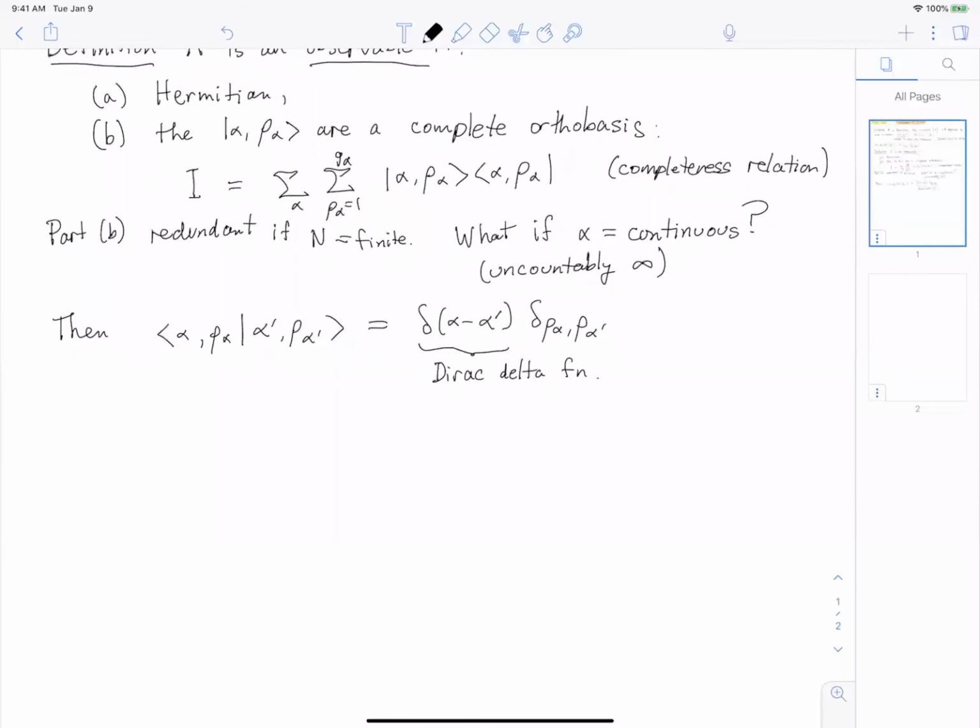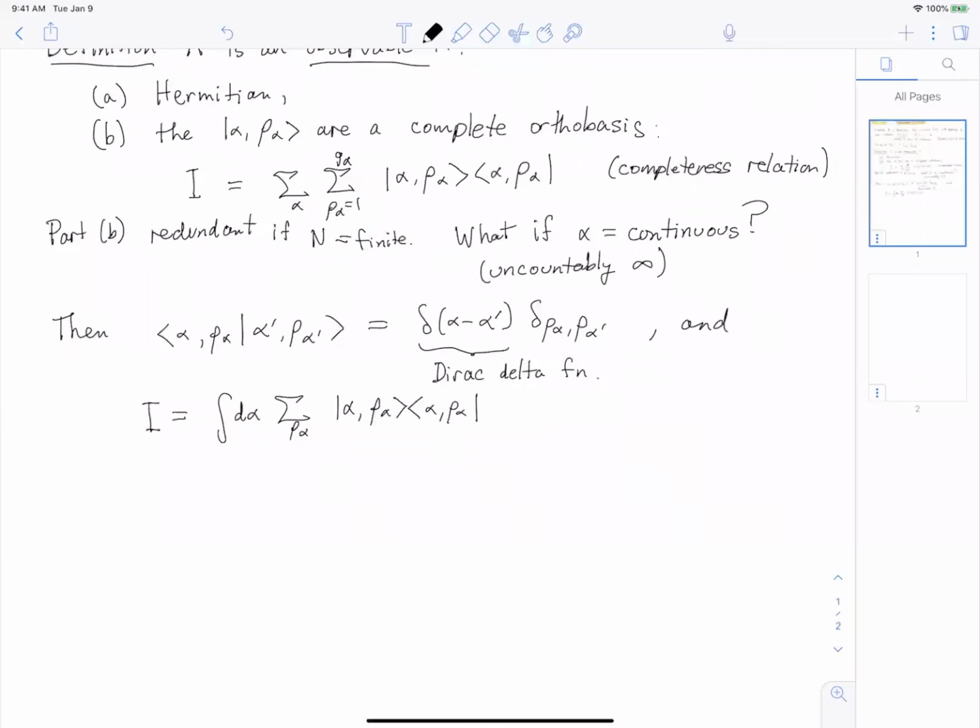Okay, and then instead of the sum over alpha in the completeness relation, the completeness relation looks like this. Instead of summing, you just integrate over alpha. We have a sum over rho sub alpha of the ket alpha rho sub alpha, bra alpha rho sub alpha.